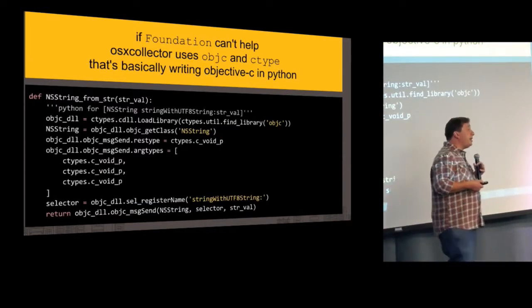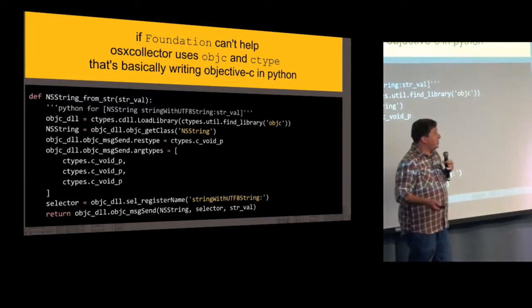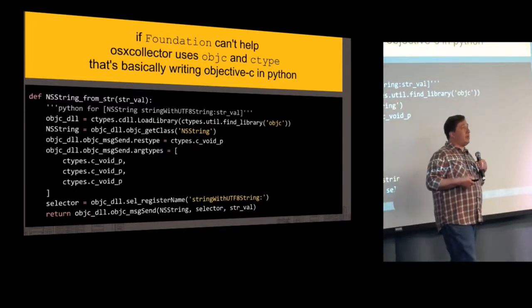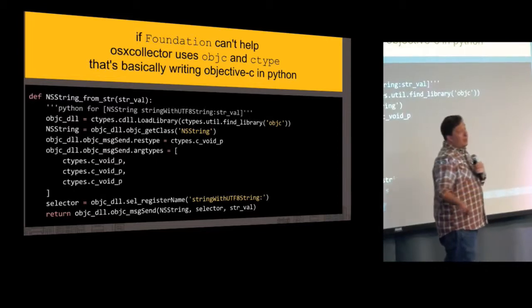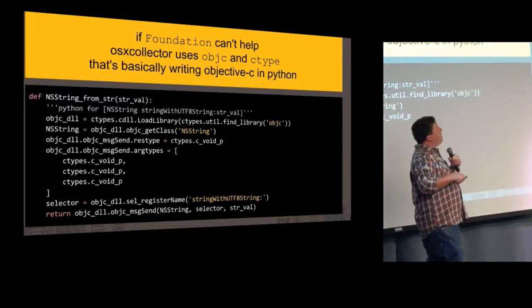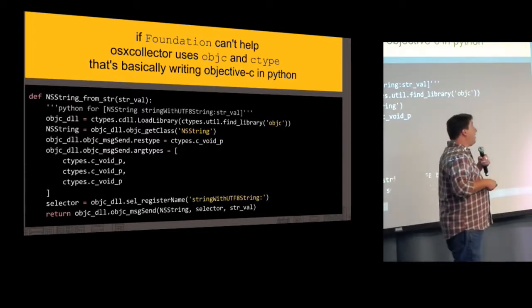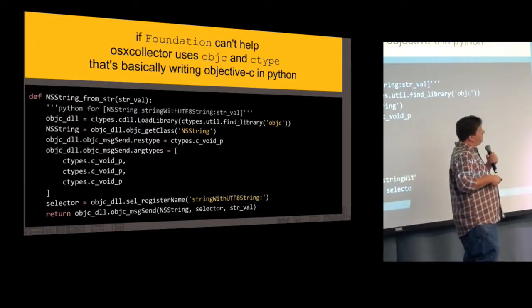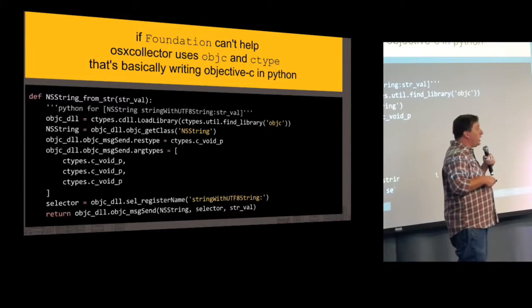Then there's a couple of things where Foundation doesn't expose it, but I really want to make this system call, I want to do something to the operating system. It turns out you can pretty much just write Objective-C in Python, which you don't necessarily want to do, but when you do, it's totally possible.